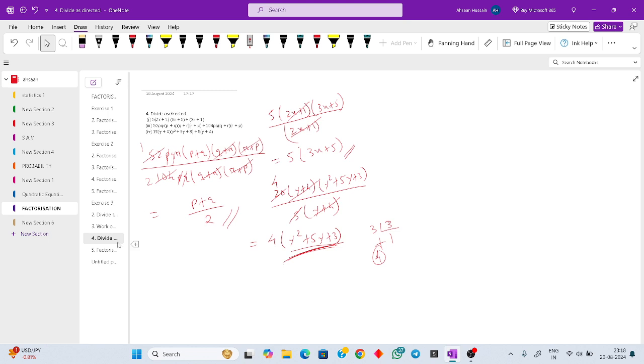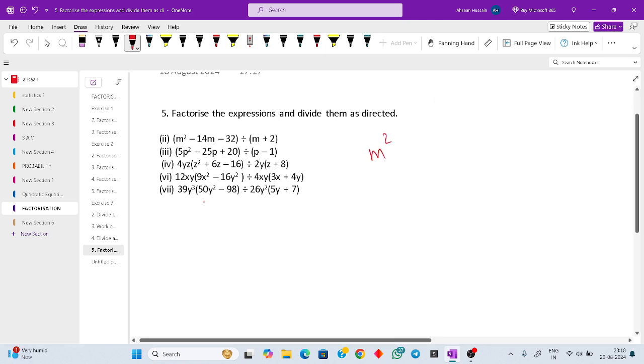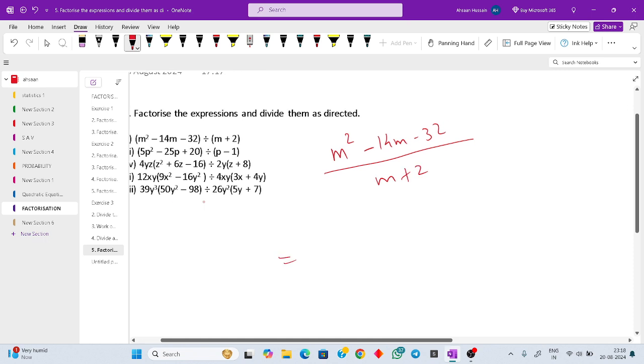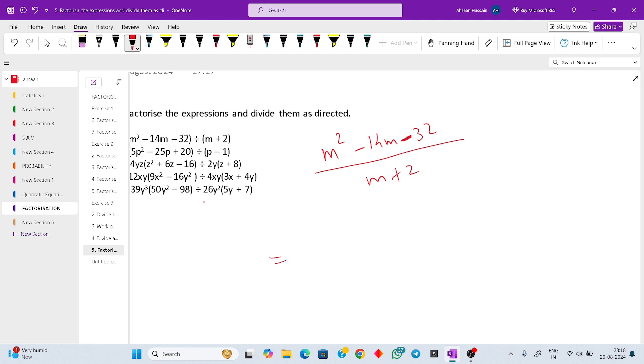Okay. And last is (m squared minus 14m minus 32) divided by (m plus 2). Here we can factorize, right? But I told in the last video that we look at the sign before the constant number, like here it is negative.